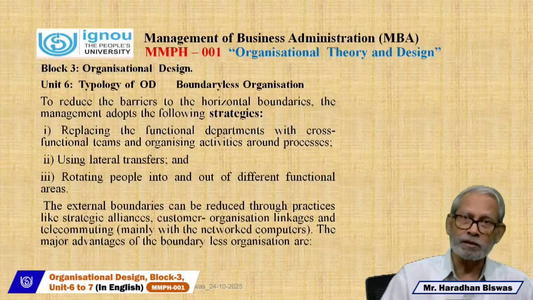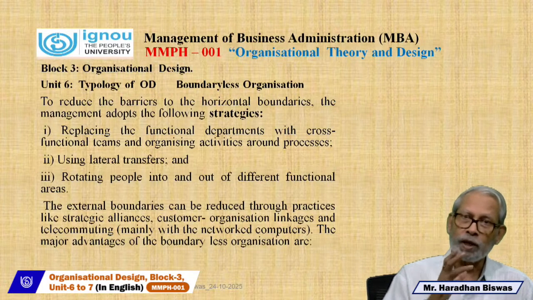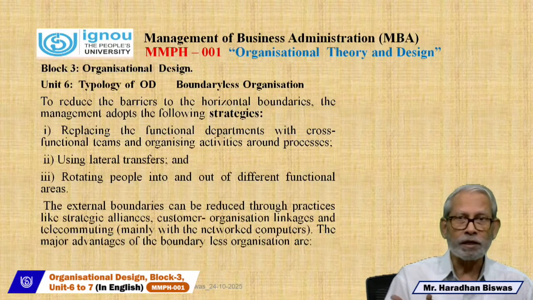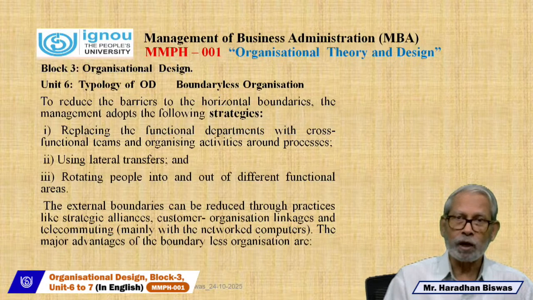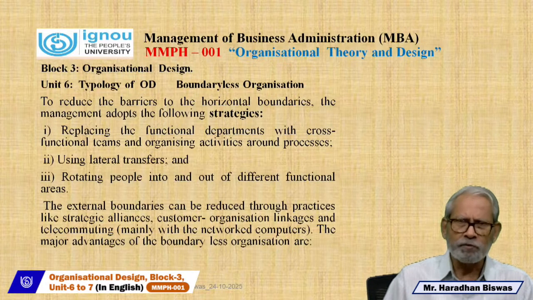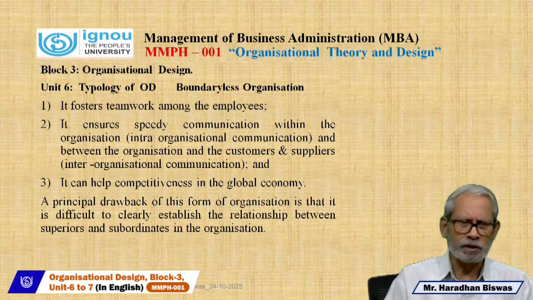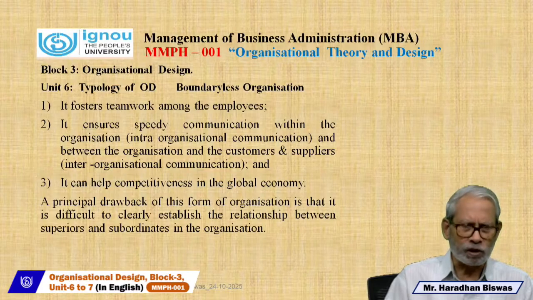Maybe the supply is somewhere, production is somewhere else, and the main party is coordinating everything, and we are getting the things within a day, maybe within some hours. So things are moving very fast. There are a lot of advantages and disadvantages also. This fosters teamwork among the employees.